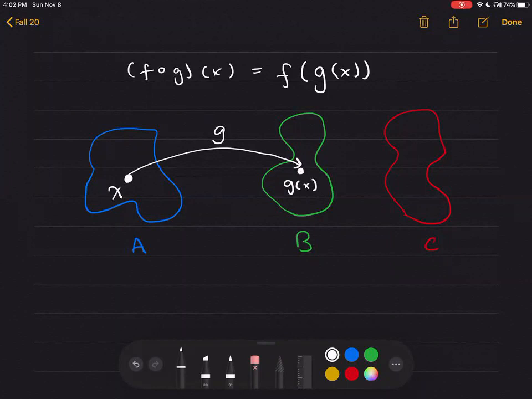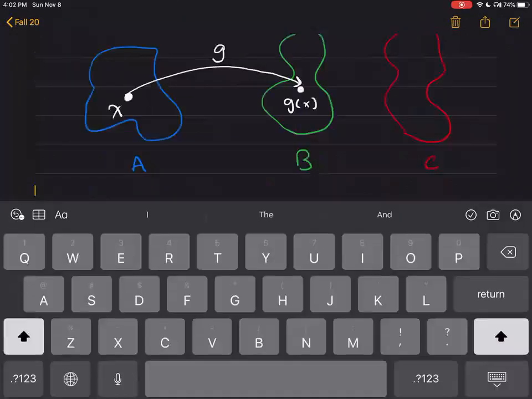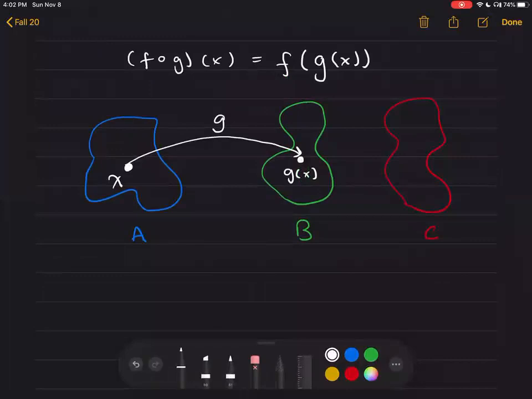So now we take that point that we sent x to by g and we send it with f to another point. So then f hits it and this becomes f of g of x, like that. Okay, so that's kind of the picture of what's going on.